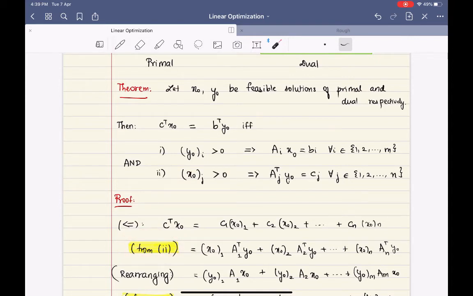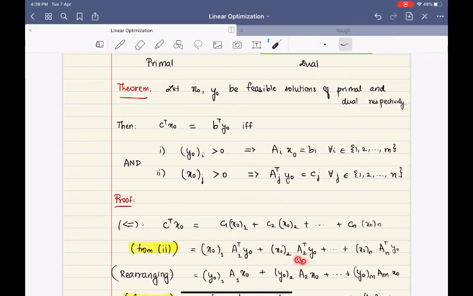Now how do we rearrange? I want to collect terms corresponding to y01. So y01 comes with x01 times a11, and here y01 is multiplied with, this is the second row of A transpose, which means this is the second column of A, right?